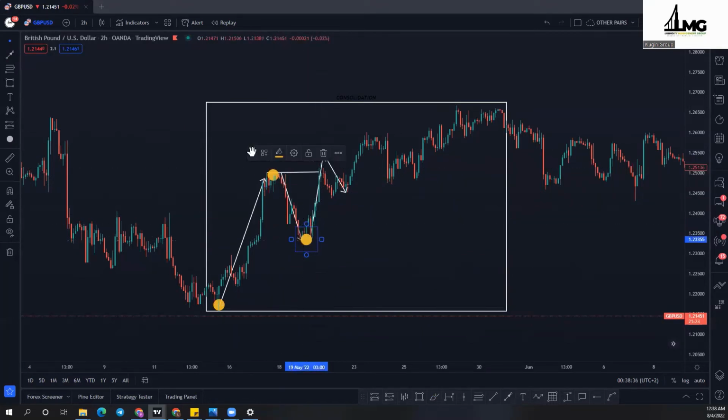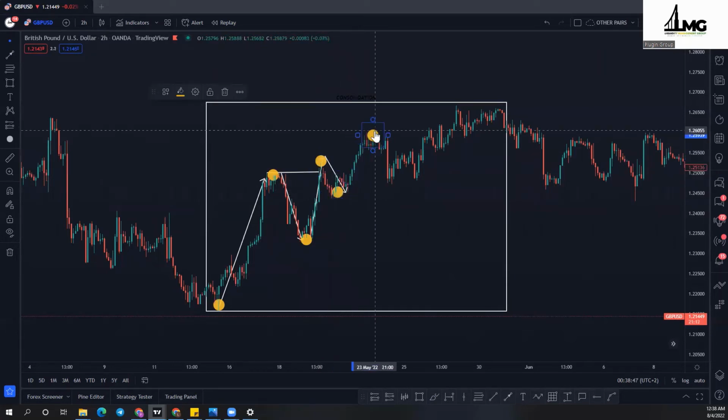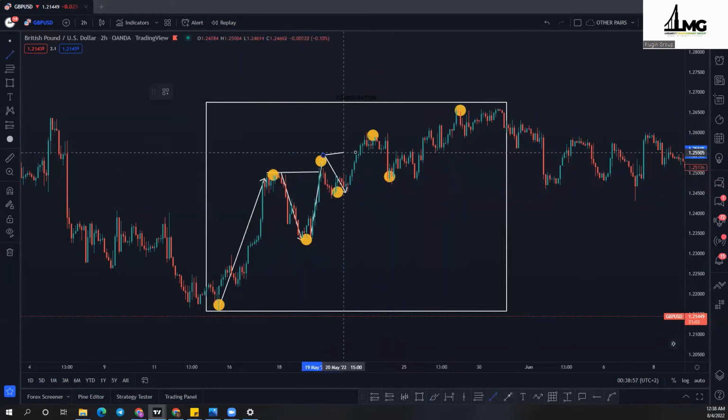So we see price forming that low right there, and then it goes for a high, and then it goes for a low, and then a high, and then a low, and then a high. As you can see, price here keeps on breaking structure to the upside. It breaks structure here, and then it breaks structure here.